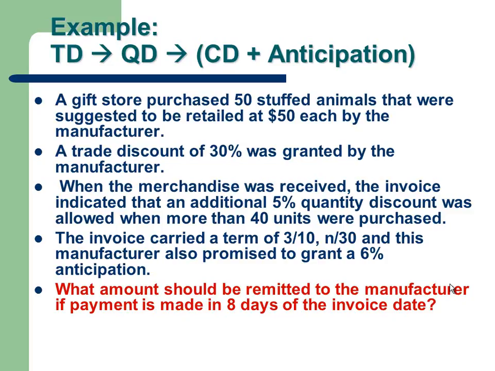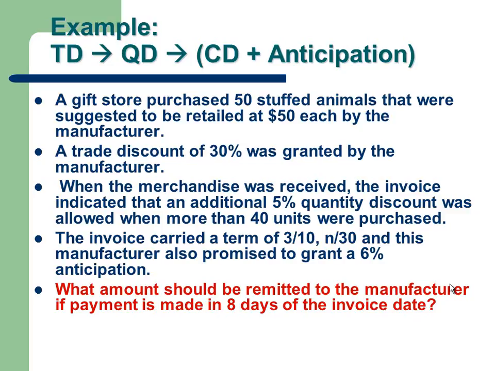And the vendor, the manufacturer, established a trade discount of 30% for this gift store buyer. When the merchandise was received, the invoice indicated that an additional 5% quantity discount was allowed when more than 40 units were purchased. And obviously, the buyer purchased 50 units, so this 5% quantity discount will also be applied.